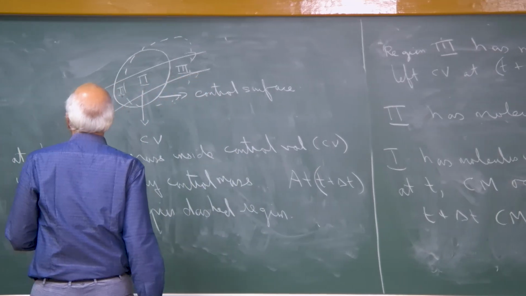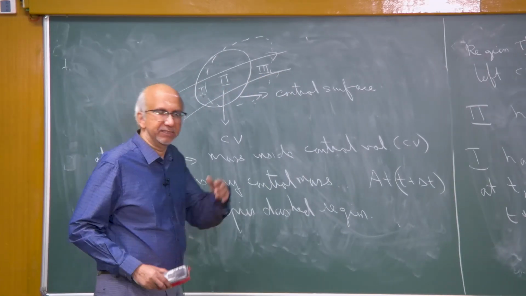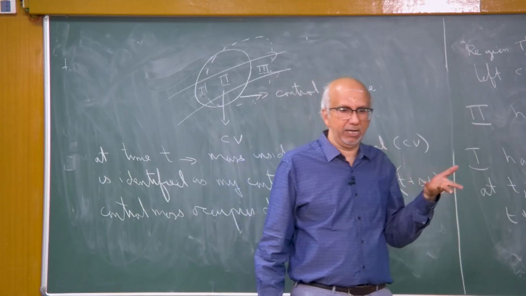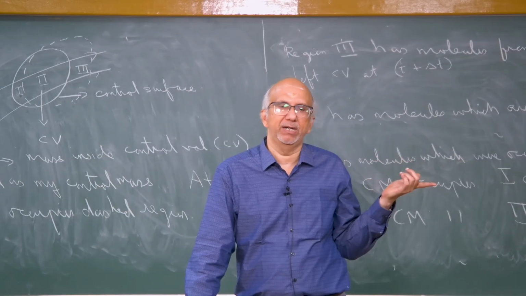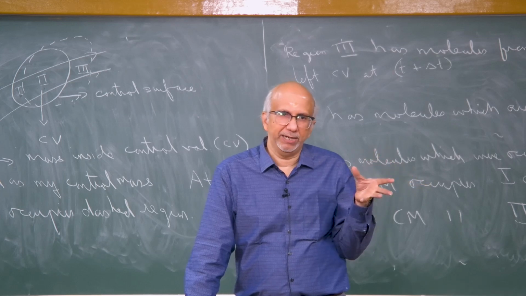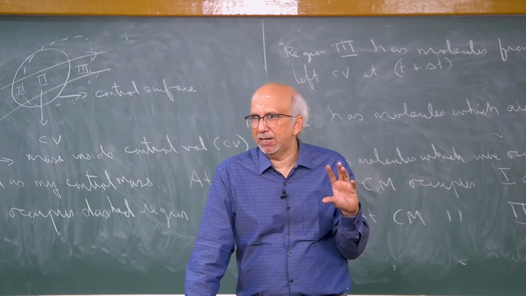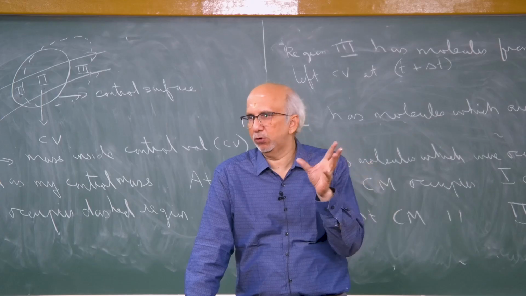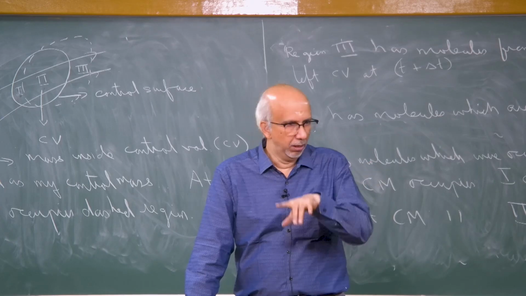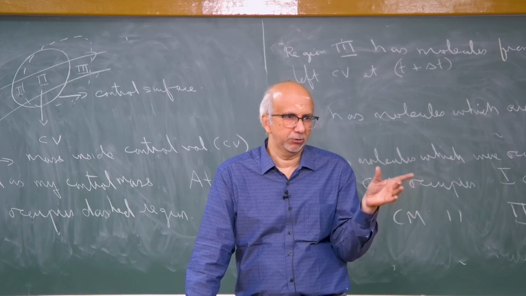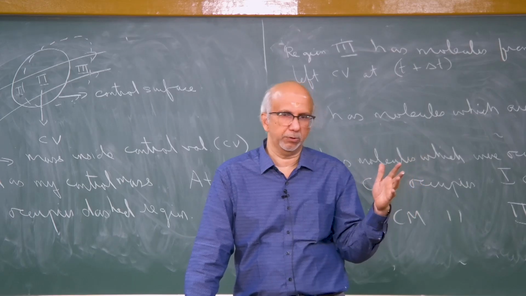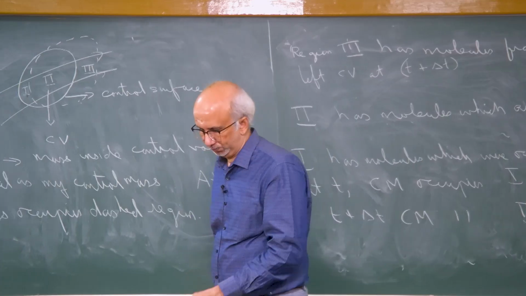So, now what I want to do is relate, extending what I did earlier, the changes in the control mass to the changes in the control volume. Control mass is fixed molecules, control volume is fixed space. So, Lagrangian, Eulerian, that is the thing we want to do.